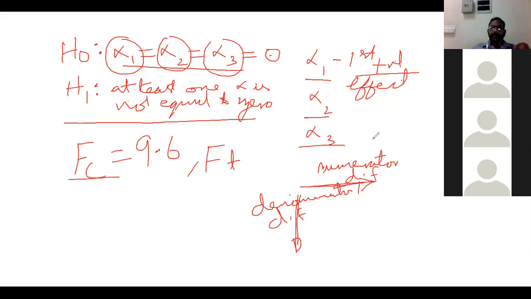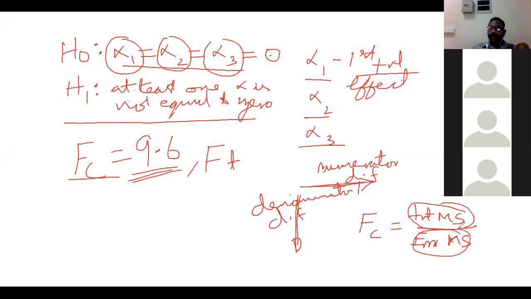What is the numerator here? When you calculate F calculated, here treatment mean square divided by error mean square. So this is the numerator. This is the denominator. So what is the numerator degrees of freedom? 2.